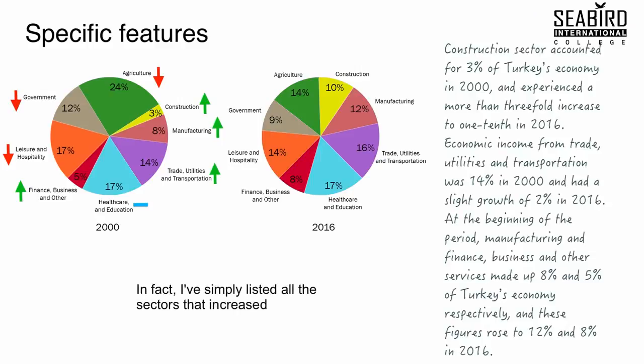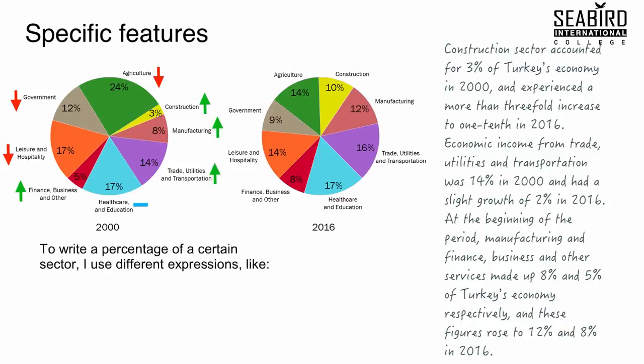In fact, I simply listed all the sectors that increased and gave specific numbers. But look at how I use diverse vocabulary to describe the changes. To write a percentage of a certain sector, I use different expressions, like accounted for.